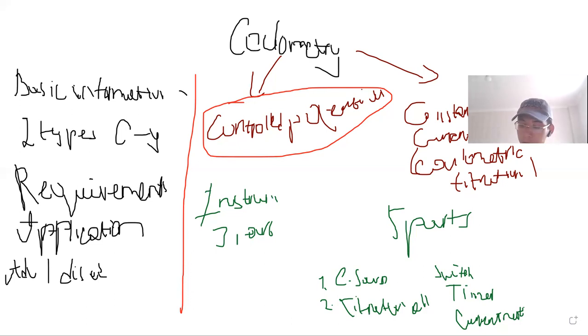Coulometric titration can be applied to all types of volumetric reactions, such as neutralization titration, precipitation, and oxidation-reduction, or redox, titration. Coulometric titration has been applied for many redox titrations.